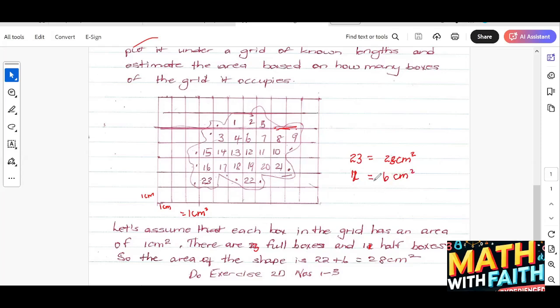So 23 plus 6 will give me 29 centimeters squared. So this shape is approximately 29 centimeters squared based on our 1 centimeter grid that we placed over it. So that is how we can find out the area of an irregular shape.